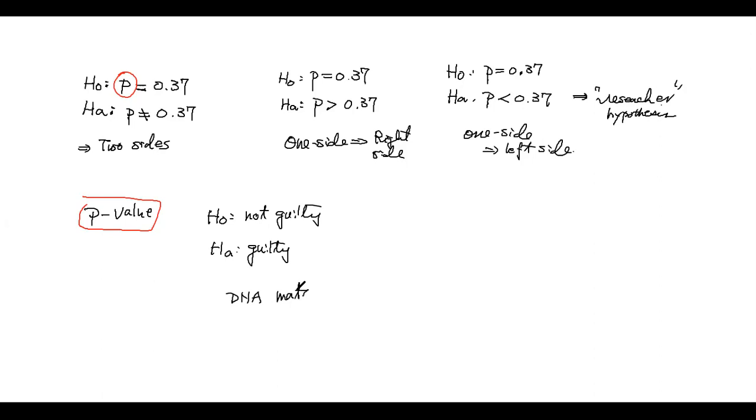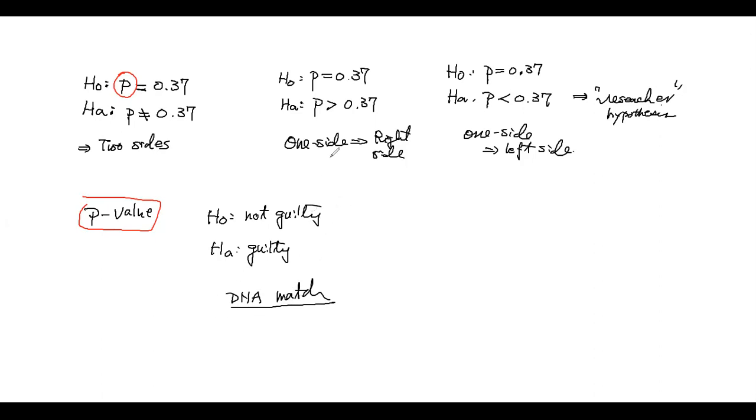This is my data, so I go collect the data. I find the DNA evidence at the crime scene, and the suspect has the DNA match. So we know if two people are totally unrelated, the probability that they have the same DNA is less than 1 in a million or 1 in 10 million.